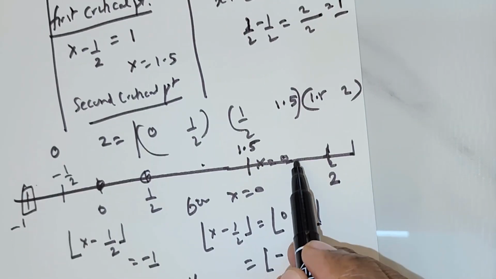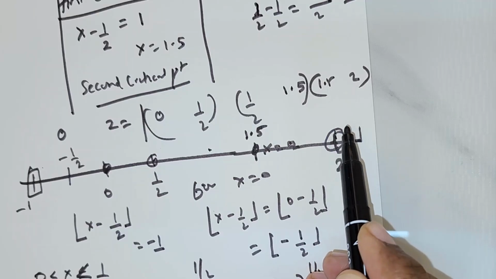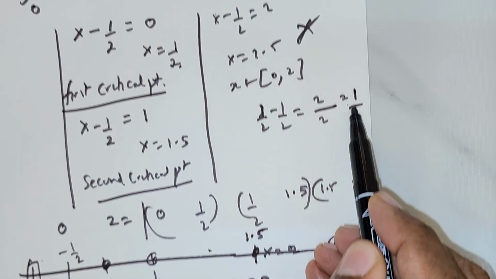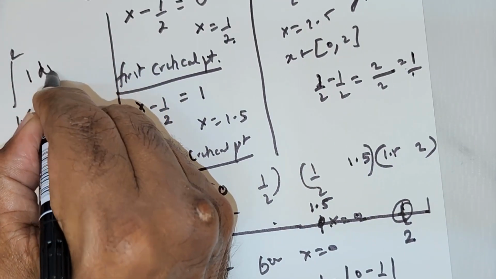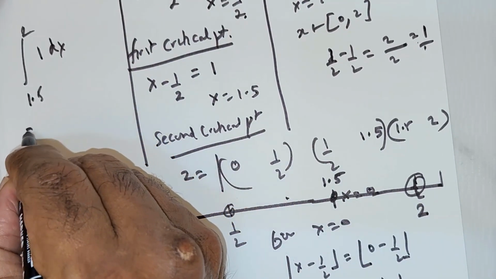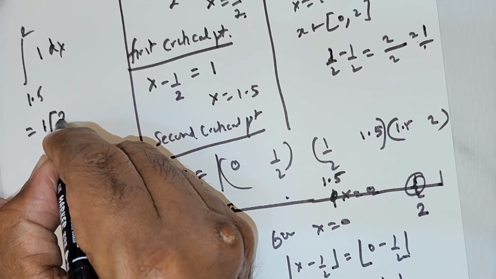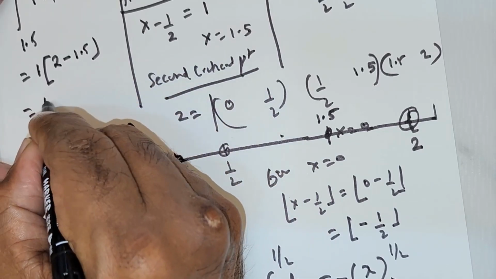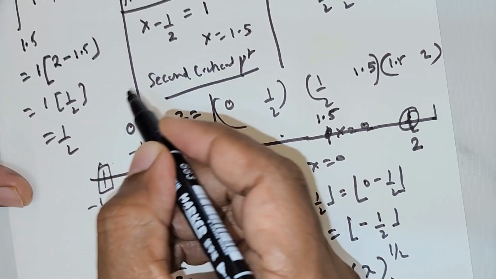So all values from here to here will produce a floor of 1. So this is going to give me 1 times dx. If we integrate this, it's 1 times upper limit minus lower limit, which is 1 times 0.5, which is 1 over 2.